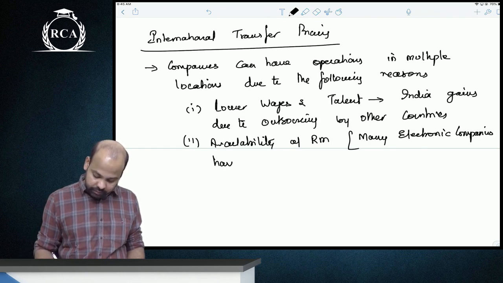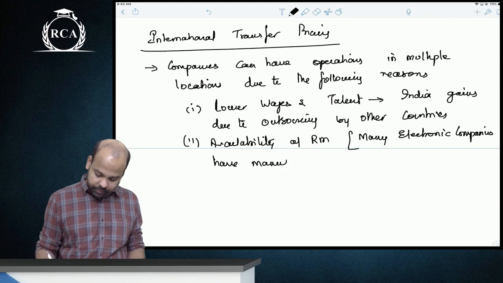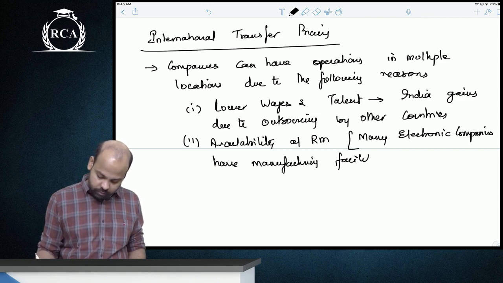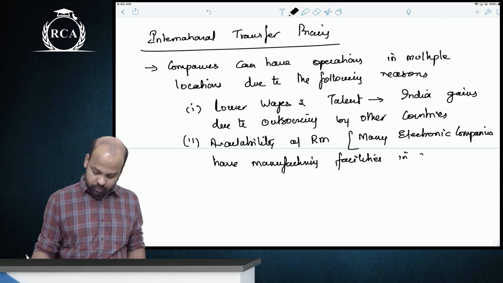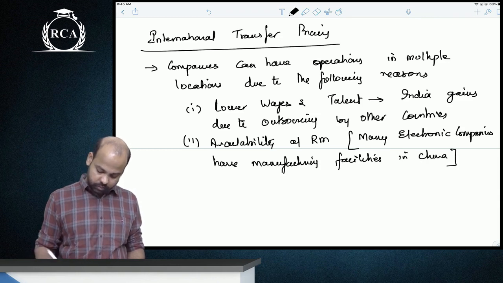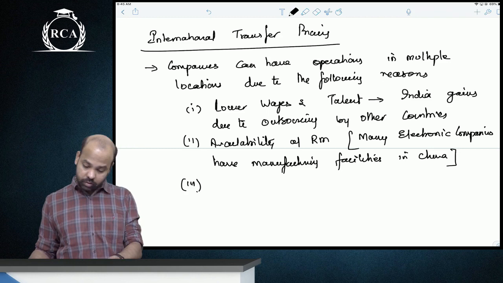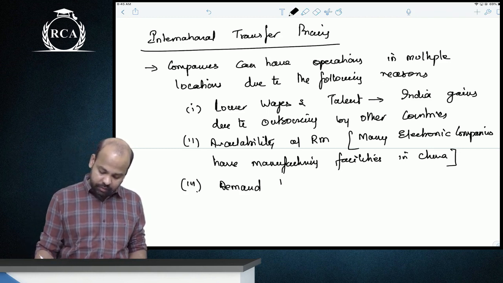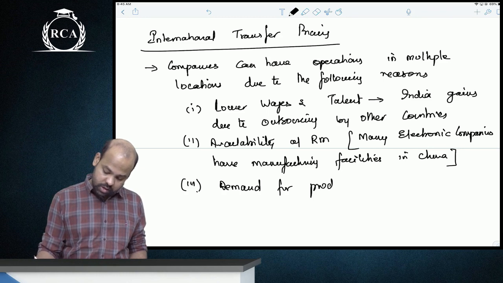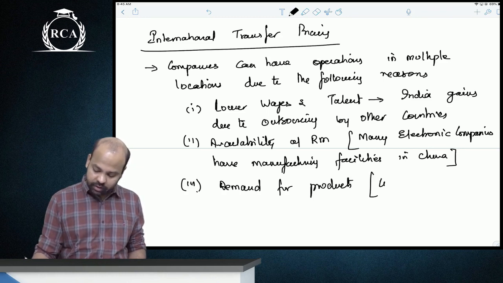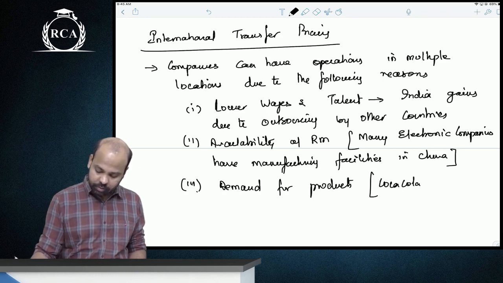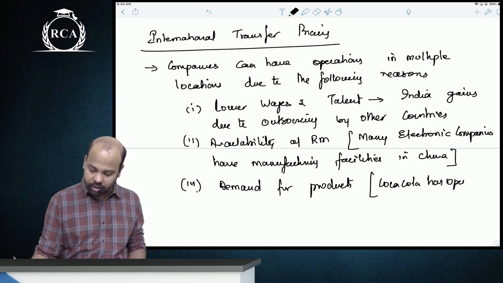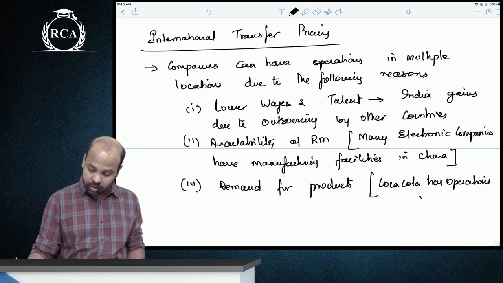Third, there is a demand for products. Just like Coca-Cola has operations in India because there is a demand for that product. Obviously, you will want to have a product.